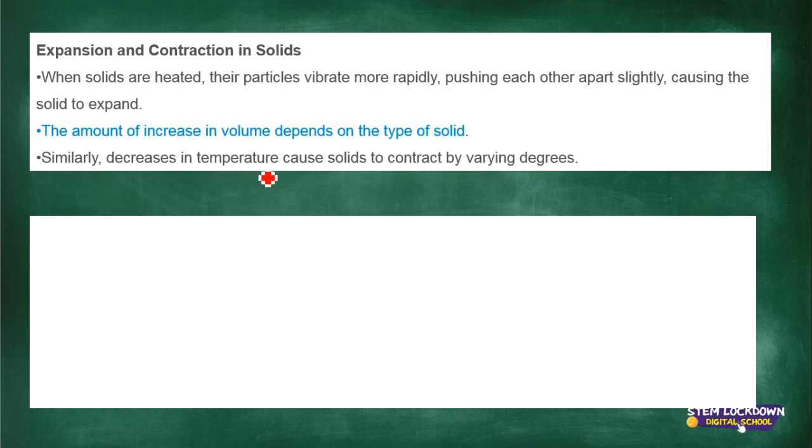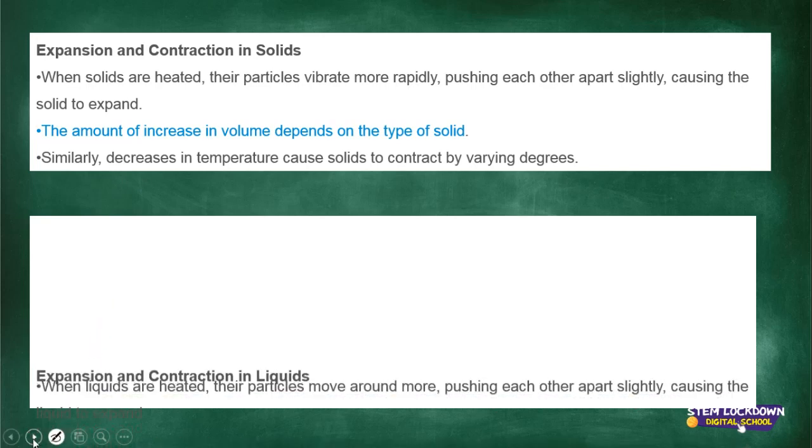Similarly, when you decrease the temperature, solids contract by varying degrees. It's not always the same for all solids. It varies according to the solid.